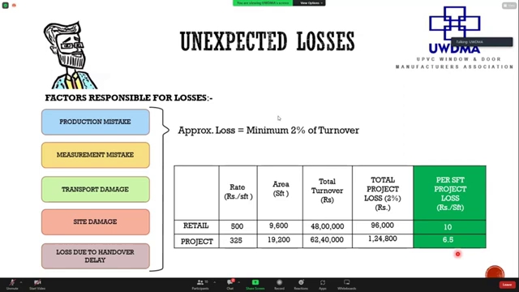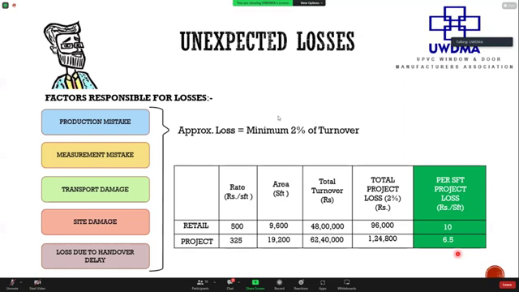But what happens sometimes, before sending it from your factory, nobody notices that it is a wrong size window. Then it goes onto the site, and while installing it, your installers will come to know, oh my god, it is a wrong size window.